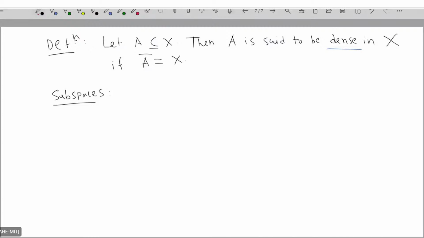So, what do you mean by subspaces? Let Y be a subset of X, a non-empty subset in general.